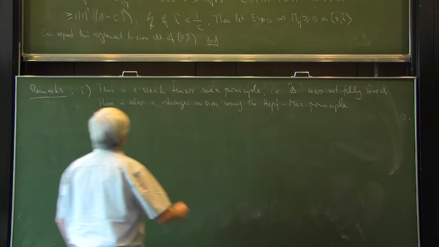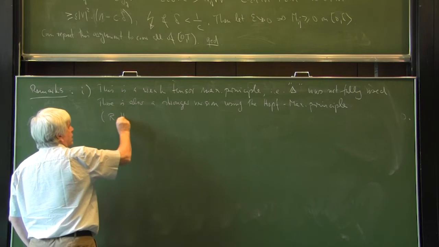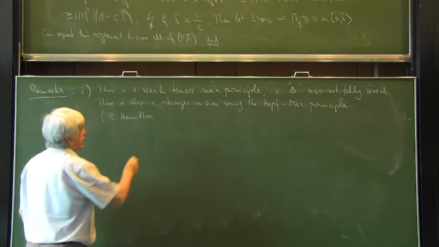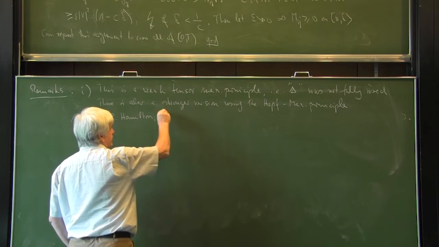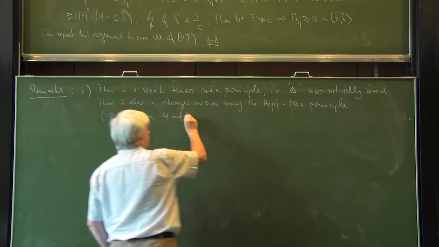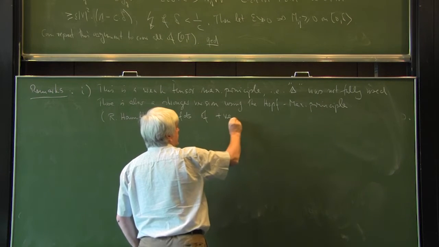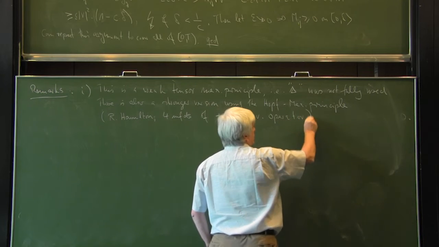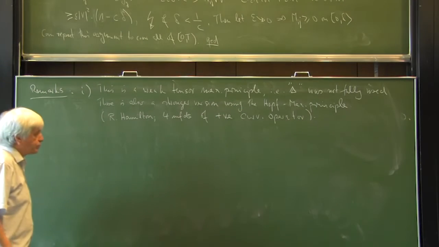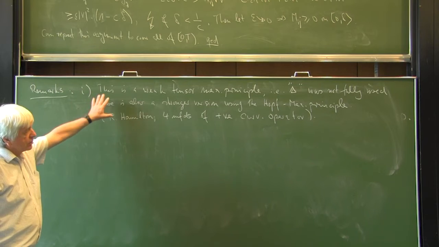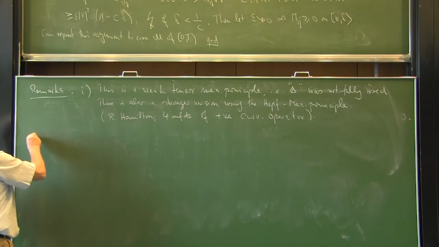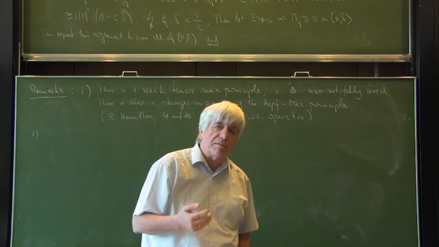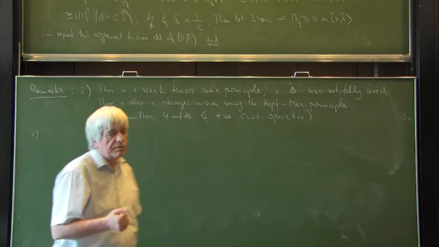You can find this in the Hamilton paper that I provided for the course, on four-manifolds of positive curvature operator, which explains the strong versions of this maximum principle. So you can also use it to cover the borderline case. What happens if you just have the Ricci tensor, say non-negative, something like that.